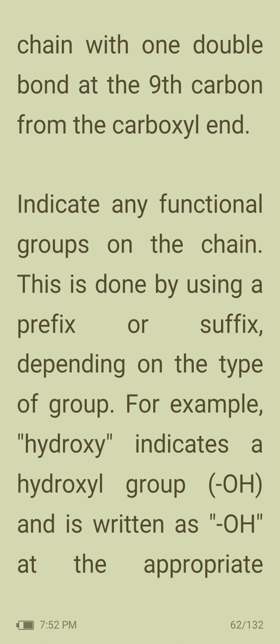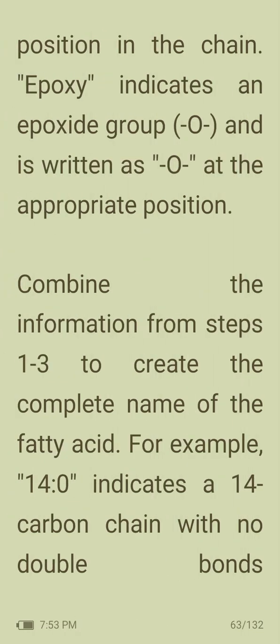Indicate any functional group on the chain. This is done by using a prefix or suffix, depending on the type of the group. For example, hydroxy indicates a hydroxyl group and is written as OH at the appropriate position in the chain. Epoxy indicates the epoxide group and is written as O at the appropriate position.